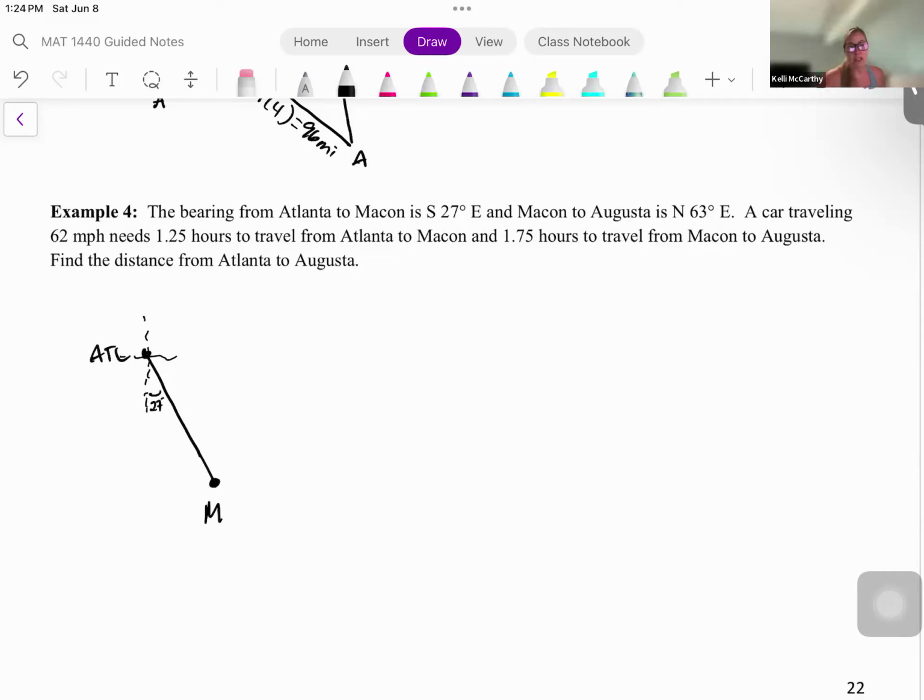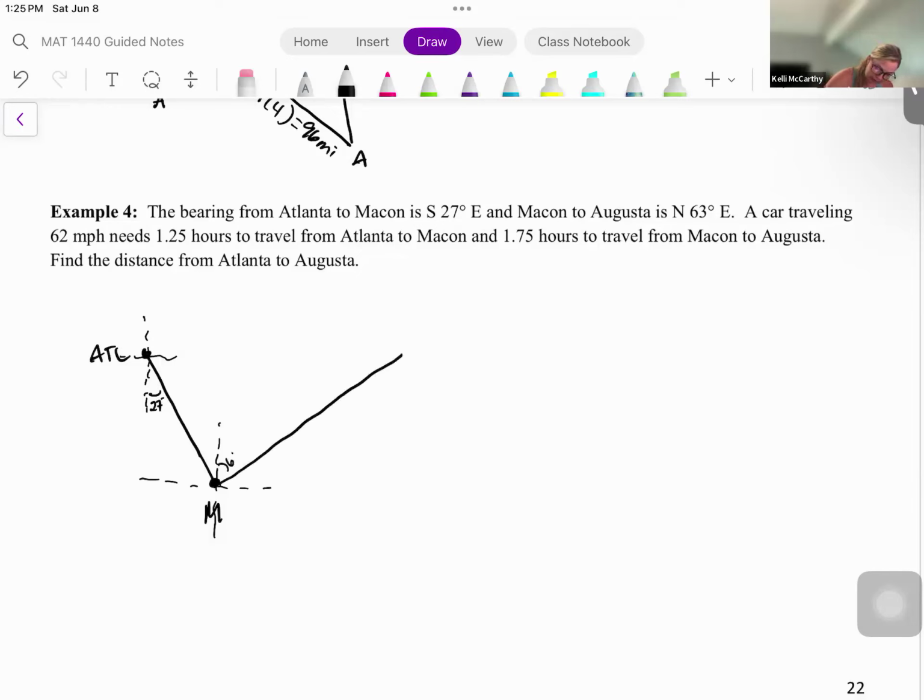Then we know that the bearing from Macon to Augusta is north 63 degrees east. So drawing another auxiliary compass, north 63 degrees, starting from that north line and going 63 degrees to the right.